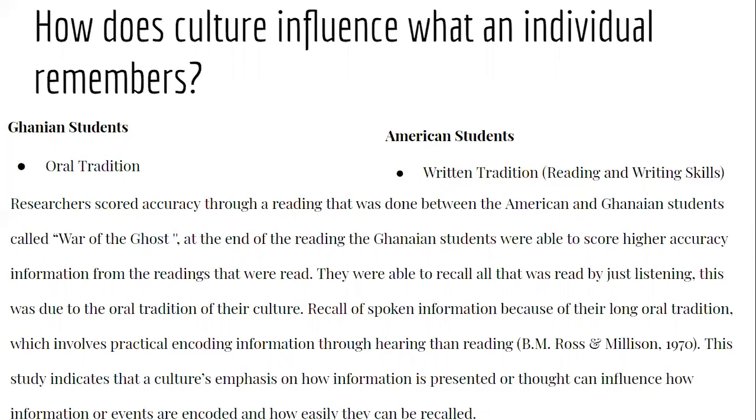So that's one reason why they do less reading with their children, because not everybody is able to be exposed to education. What they simply do is retell stories and different types of information, and children generally sit and listen to what is being told. So in Ghana, they have oral tradition, and a study was done.